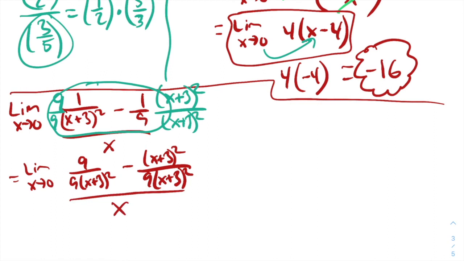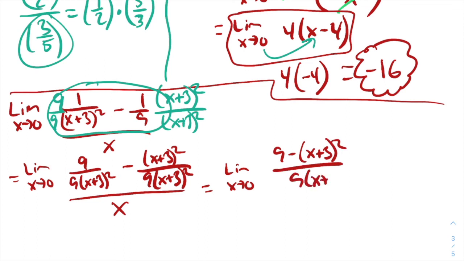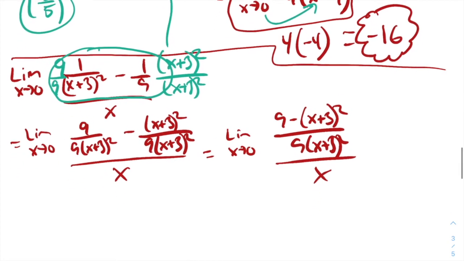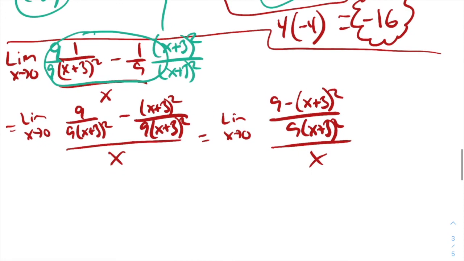Now, since these have the same denominator, this is the limit as x approaches 0 of 9 minus the quantity of x plus 3 quantity squared, all divided by 9 times x plus 3 quantity squared, all divided by x. All right, so now that we're at this point, I'm looking for things that are going to cancel, and I don't quite see them yet.